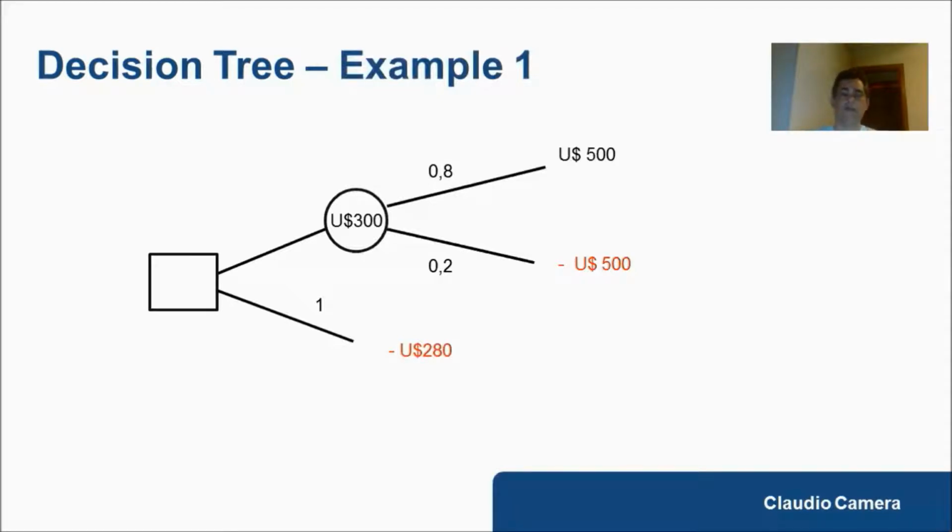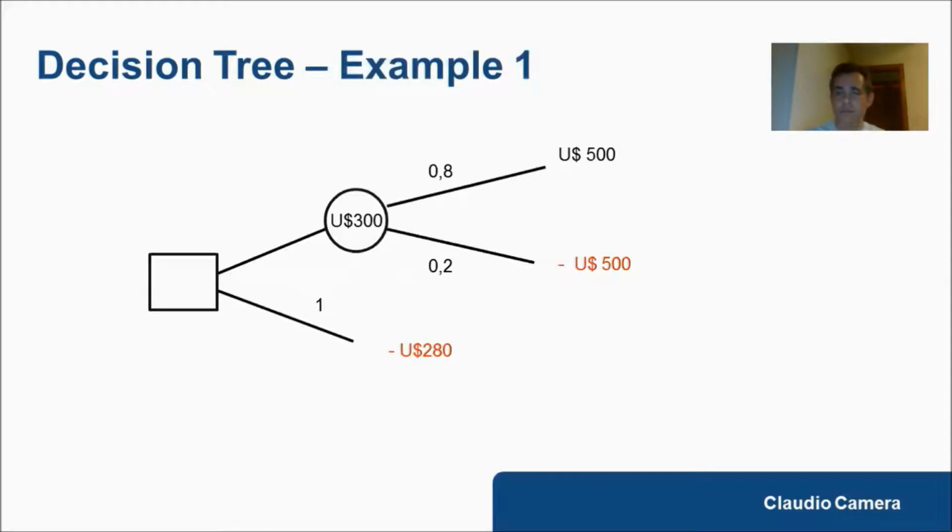So if you multiply the possible outcome by the probability, you have a positive value of 400. And in the other branch, if you multiply the loss of 500, or the negative value of $500, by 20%, you're going to have $100 negative.